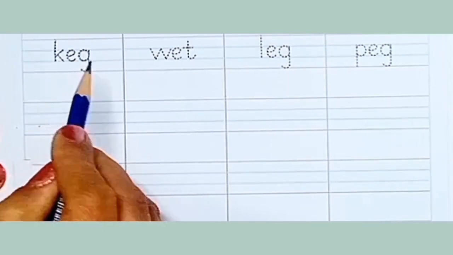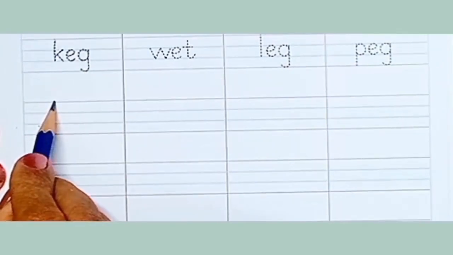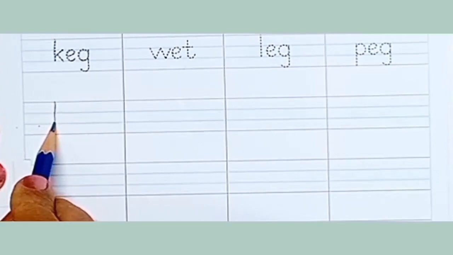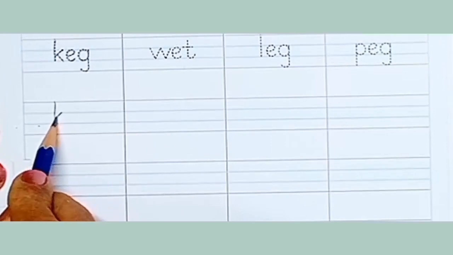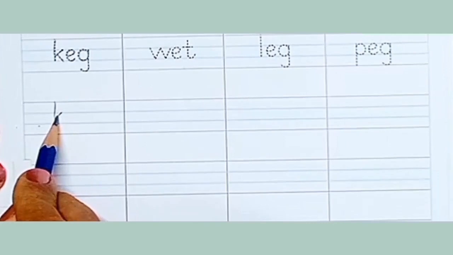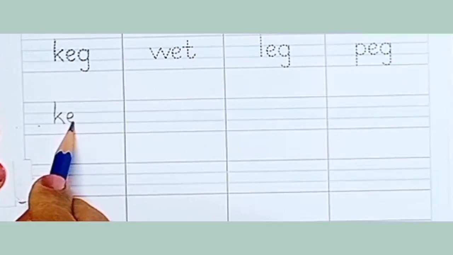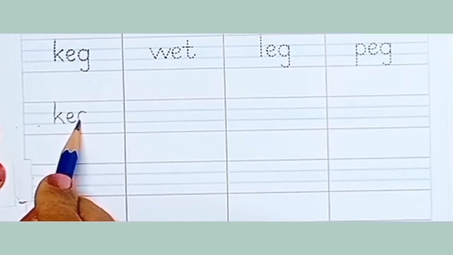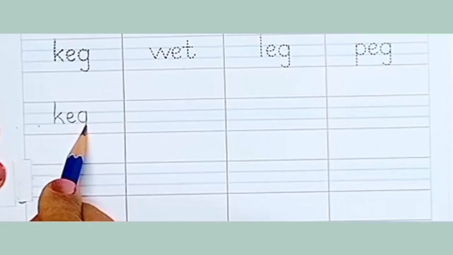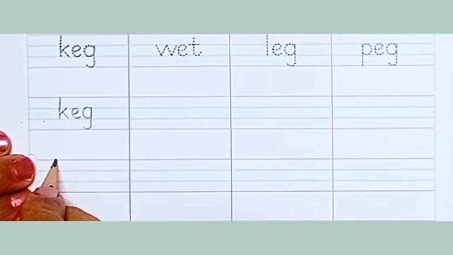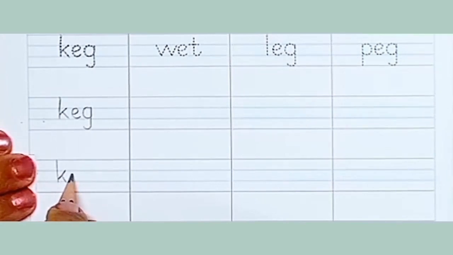G. K says k. E says e. G says g. K, E, G, keg.